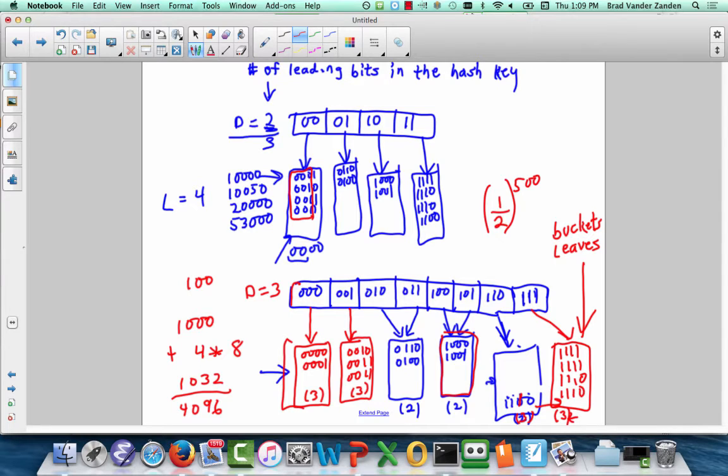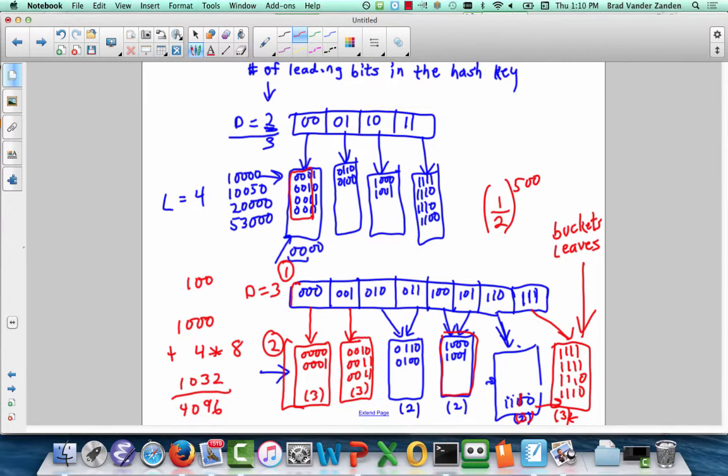Okay, actually that's wrong. That was wrong. Let me restate that. This is one disk access. This is two disk accesses.